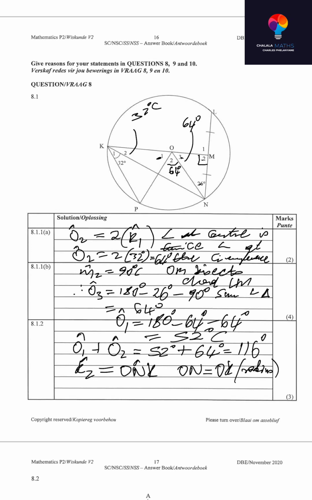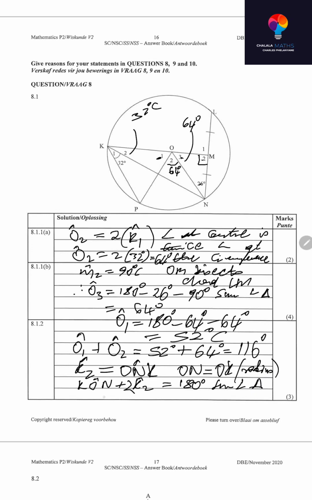So in this case, angle KON plus twice K2, because K2 is equal to N, will all in all give us 180 degrees, being that it is the sum of angles in a triangle.